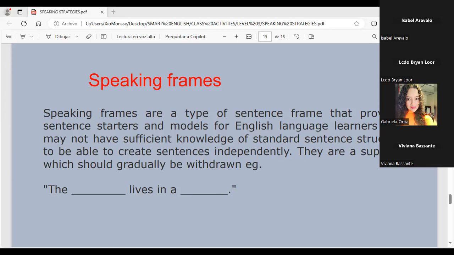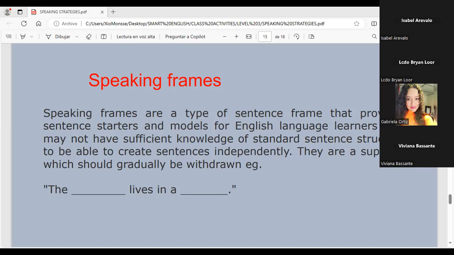Or you can change the kind of sentences that are presented. This is present tense, but you can use this activity with the intermediate level according to your grammar. You can do that. What do you think, Brian, about this? For example, for your students, which level do you have?